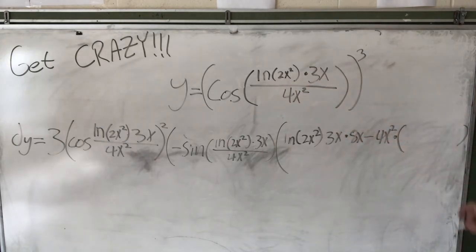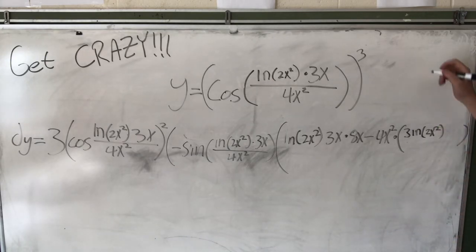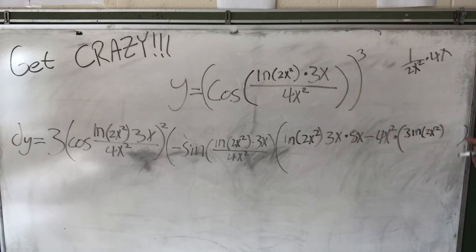First times the derivative of the second. That is going to give me 3 ln of 2x squared, times the second, times the derivative of the first. The derivative of the first is going to be 1 over 2x squared times 4x. If we're doing that times 3x, that's going to give me 12x squared, so plus 12x squared over 2x squared.